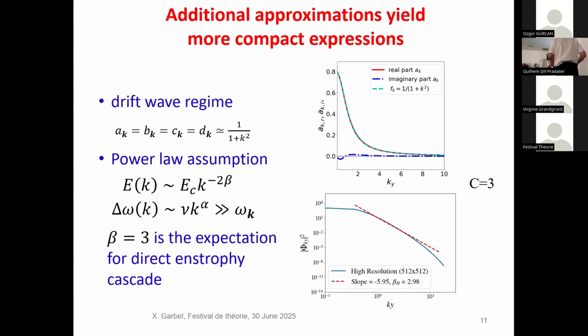The frequency broadening term would be just something that goes like k to the alpha. Alpha goes between 1 and 2. We still have to look into the simulations to make some reliable fit of this. Beta we found 3. So this is here, phi_k squared versus k. And this up here is k to the minus 3, which is actually what you expect for direct entropy cascade, which is what we want.